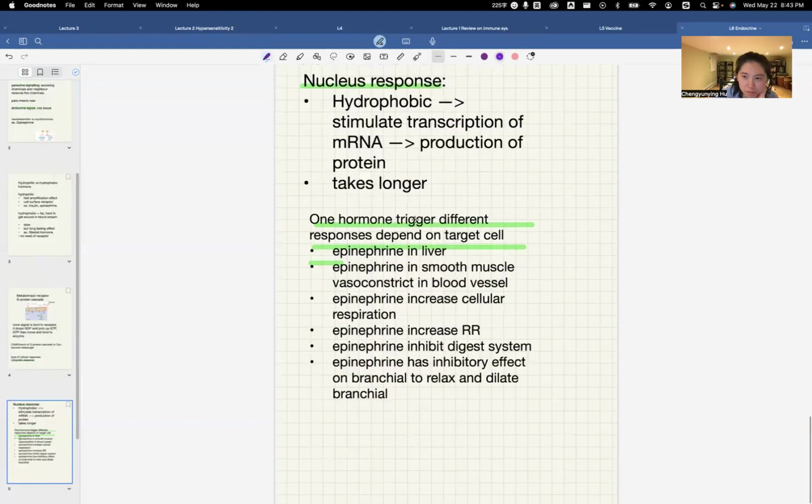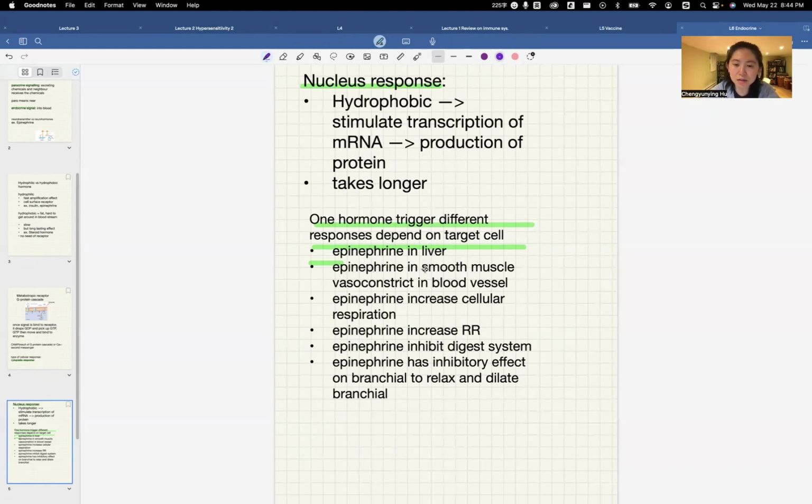Here we're talking about the same hormone, but it has multiple receptors. Depending on which receptor it binds to, it produces different effects. For example, epinephrine: if it binds to the liver, it will cause glycogenolysis.